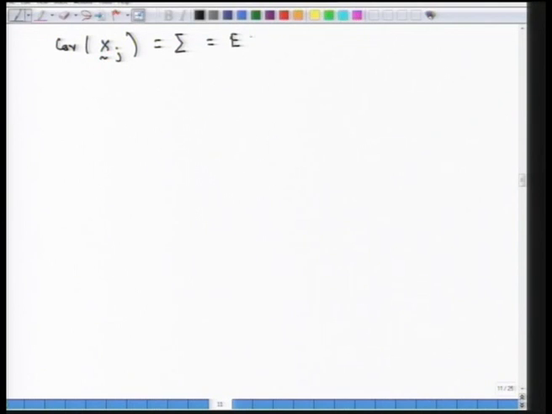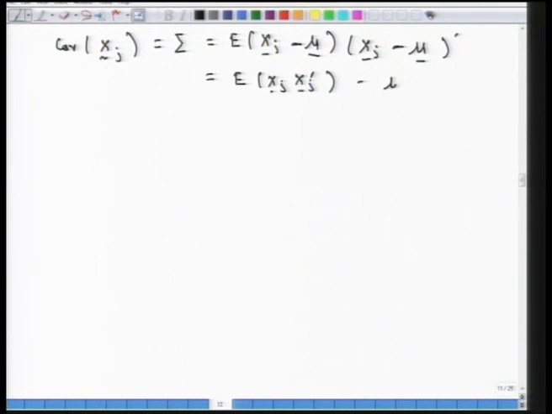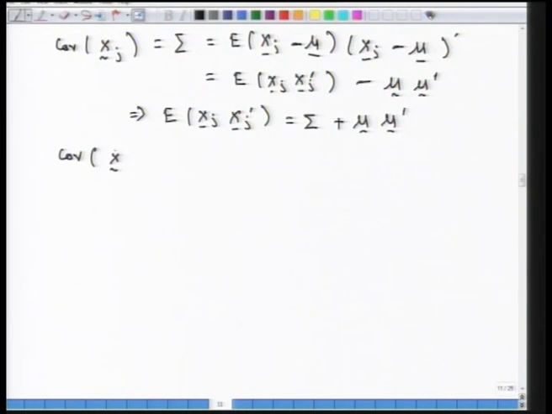So that is equal to the expectation of (xj - mu)(xj - mu)ᵀ, and hence, as we had seen in the last lecture, this is nothing but the expectation of xj xj′ minus mu mu′, and hence this would imply that the expectation of xj xj′, which is a quantity that we would be requiring in order to evaluate expression 1, is given by this, right.